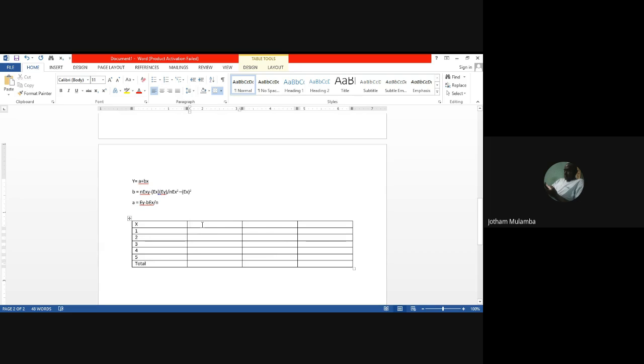Then we have the y-axis, which will be the number of patients.